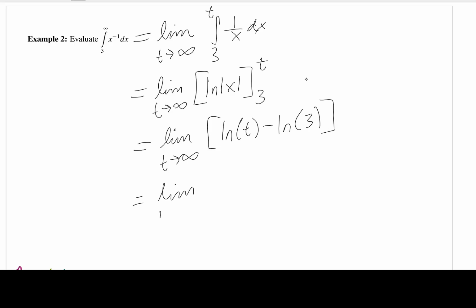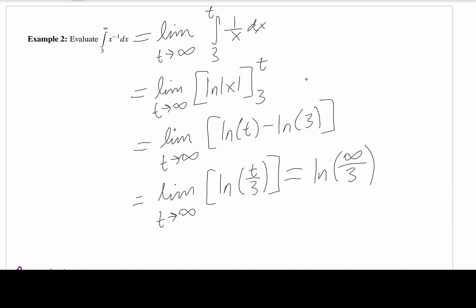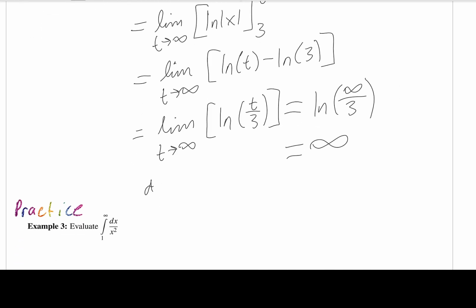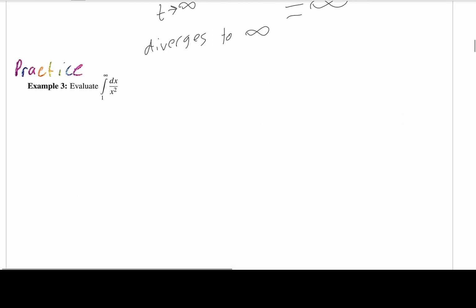So this is the limit as t goes to infinity of ln of t over 3 using our log rules. So then this is ln of infinity over 3. This is the natural log of infinity, which is just going to be infinity. And so again, in this case, we say this diverges to infinity.